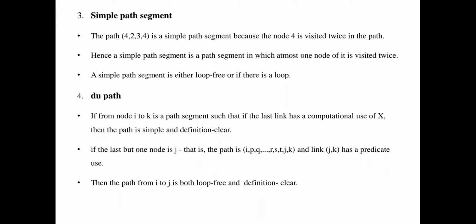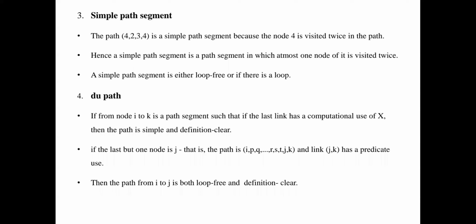For example, if you take a path segment from node I to K, passing through I to J, such that if the last link has a computational use of X, then the path is a simple path by definition. The last but one link should be a computational link, meaning some computation has to be done on that particular link.